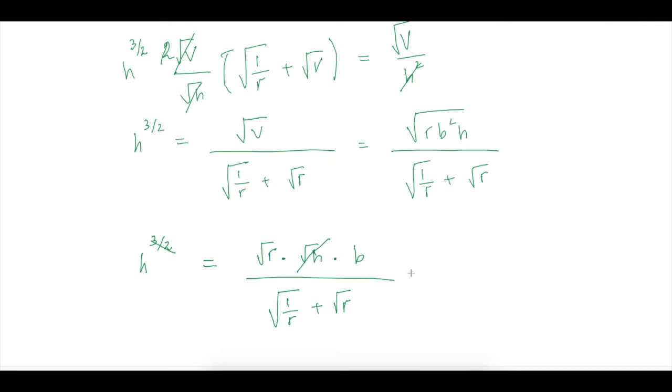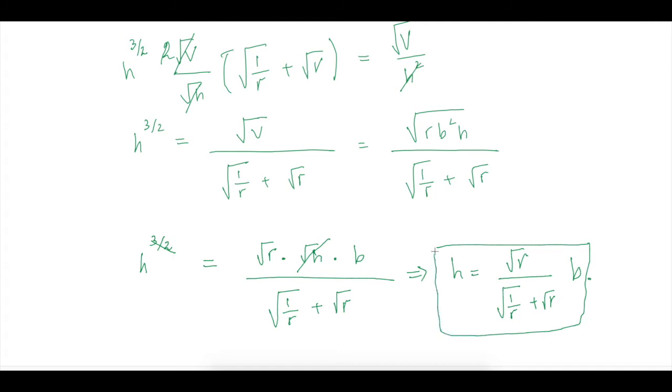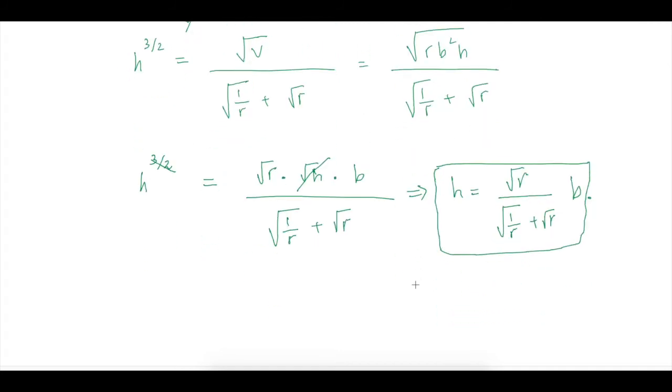So my final equation is H is equal to root R over 1 over root R plus root R, times B. So this is the relationship of H and B for which the surface area is minimized for a fixed V.